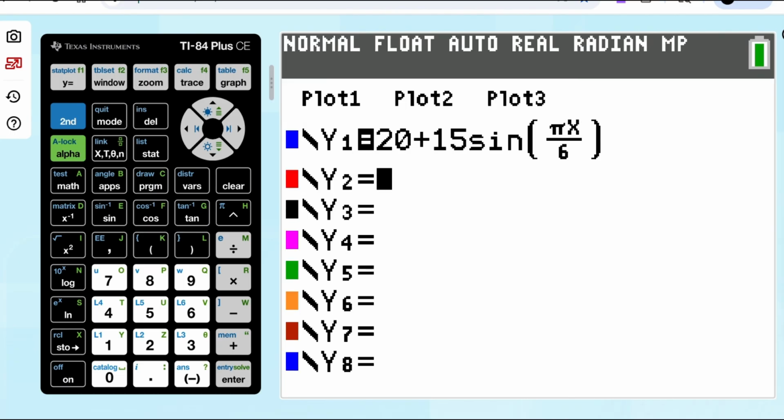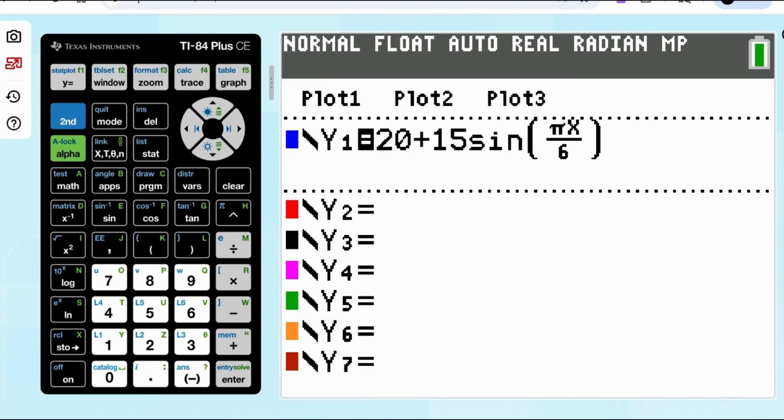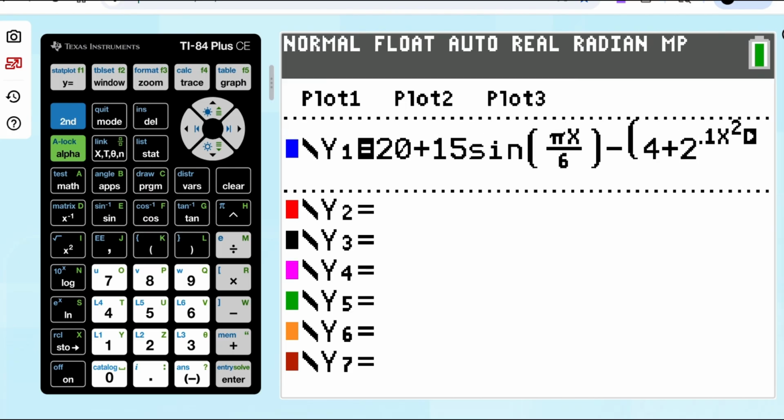In fact, let's not do that. Let's just subtract here. We'll subtract our second function. We could set them equal to each other and see when they intersect, but we'll subtract the second function. So we're subtracting the quantity 4 plus 2 to the power of 0.1 x squared.